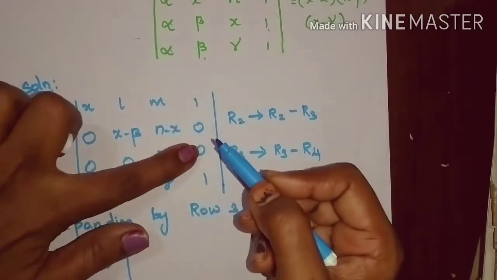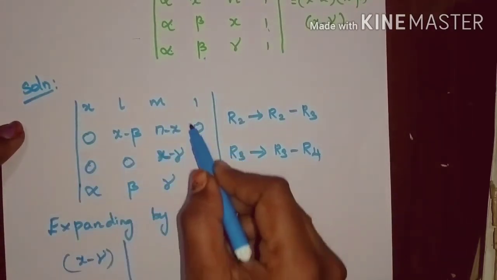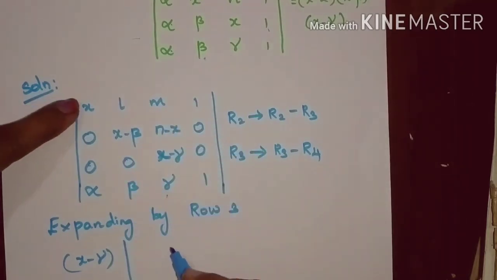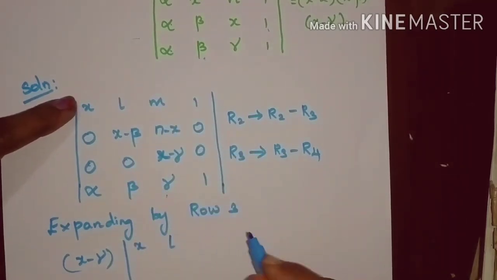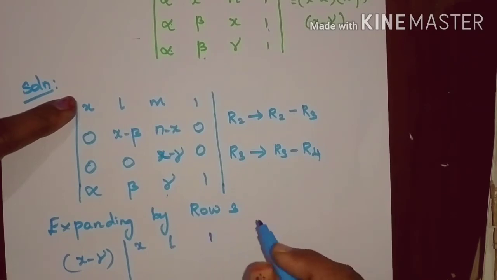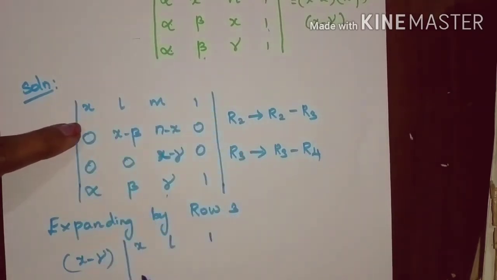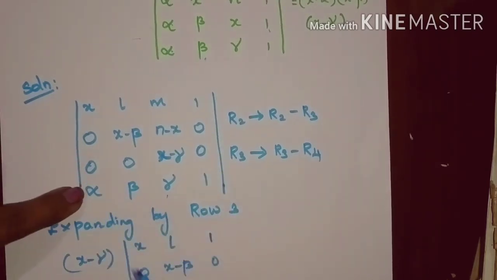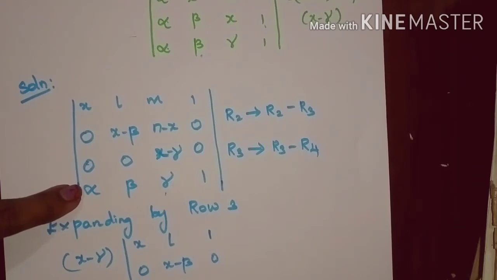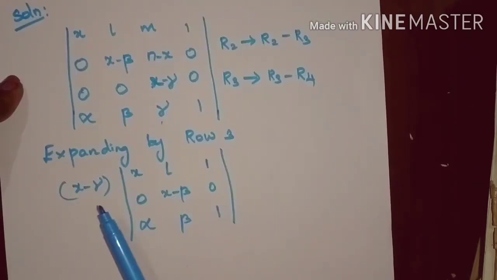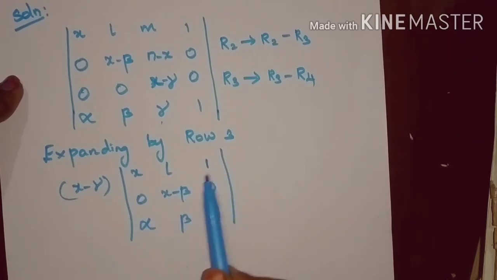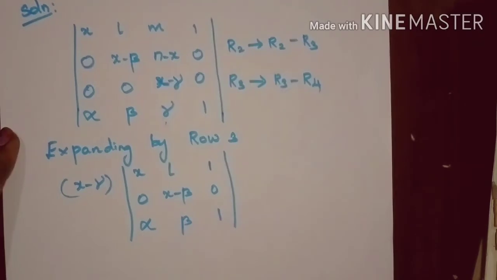So cancel this row and cancel this column, and we get the remaining elements: x, alpha, 1, then 0, x minus beta, 0, and the last row alpha, beta, 1.